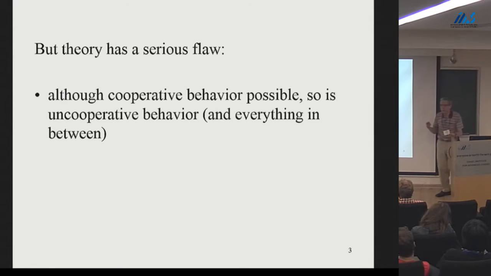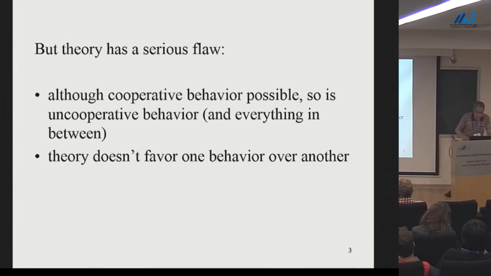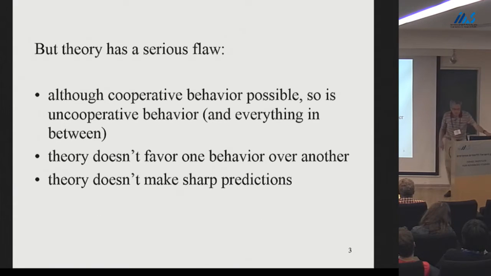When we talked about the Folk theorem, we said exactly what was possible and what was not possible. But what is possible is very large indeed. And that means that the theory doesn't make very sharp predictions, which is awkward when it comes to applications.